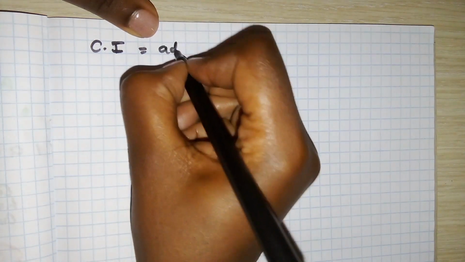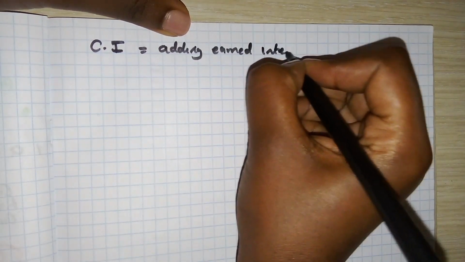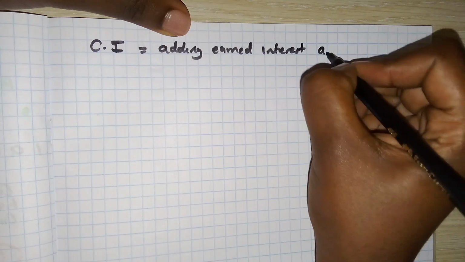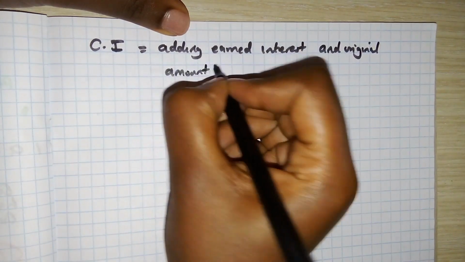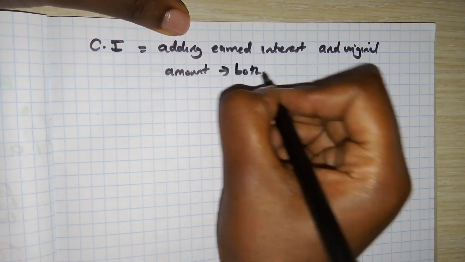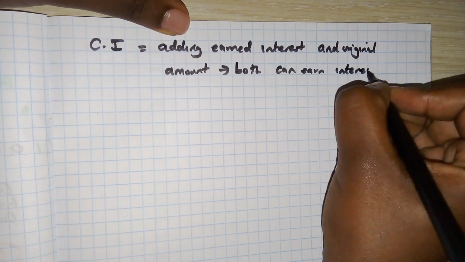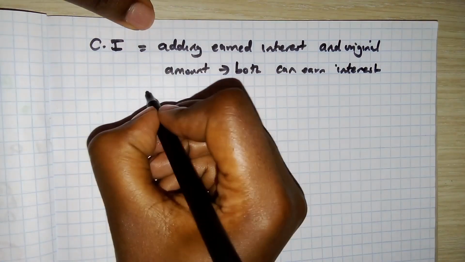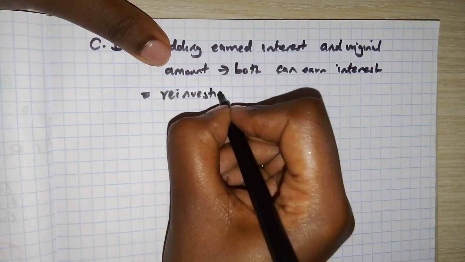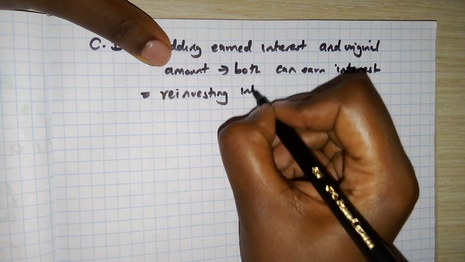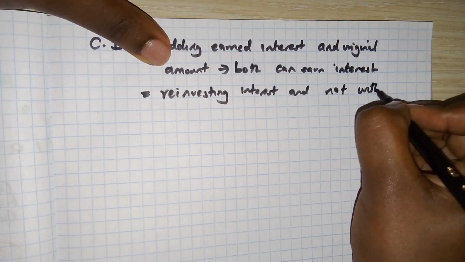So we're adding interest and original amount, and both of them can earn interest. Or another way you can look at compound interest is reinvesting interest and not withdrawing.